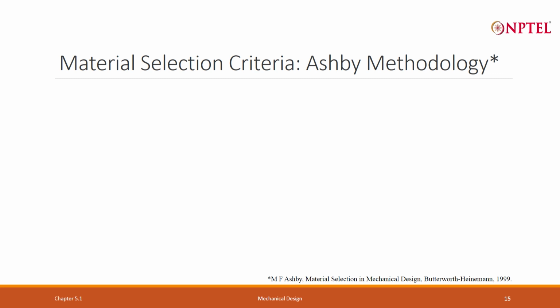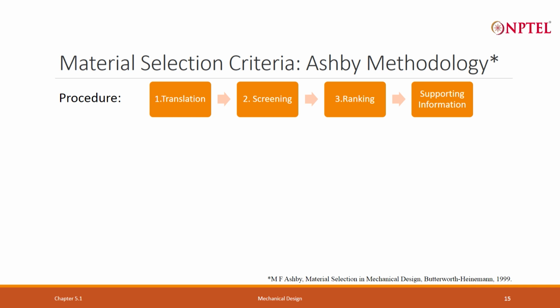Okay. So, what is Ashby methodology? It is a procedure to minimize or maximize the cost, in our case, or strength or thickness. So, what are the things that come into that?